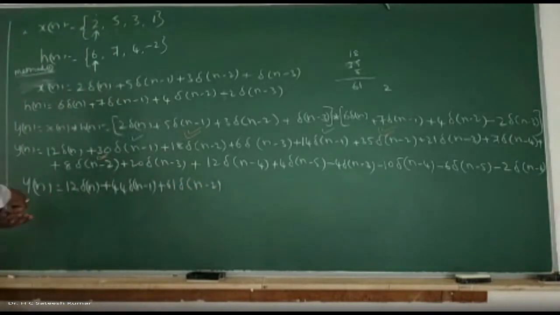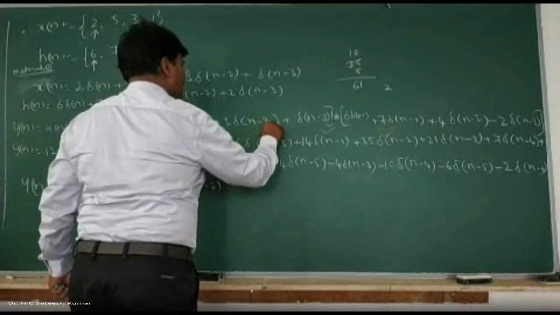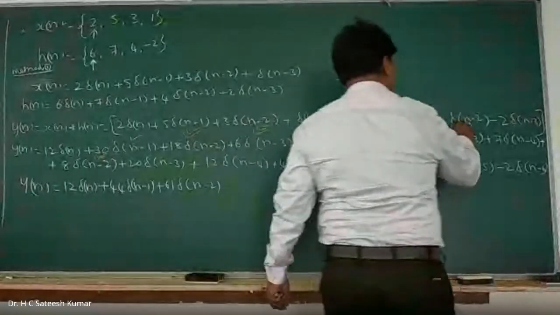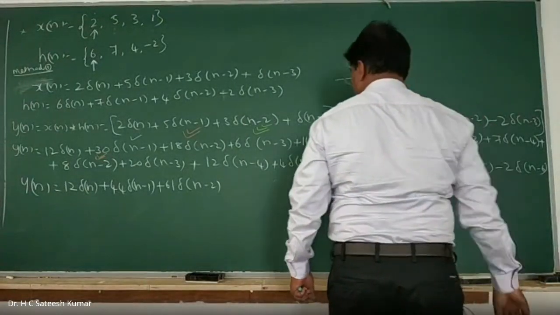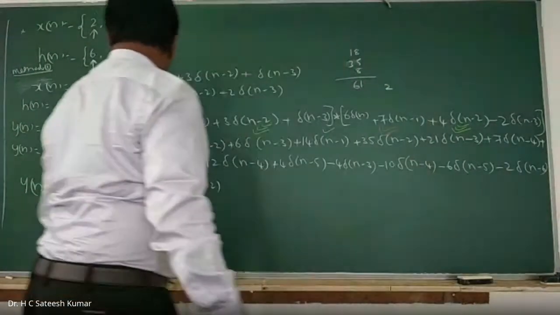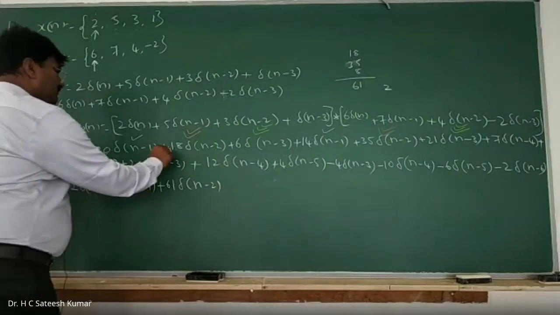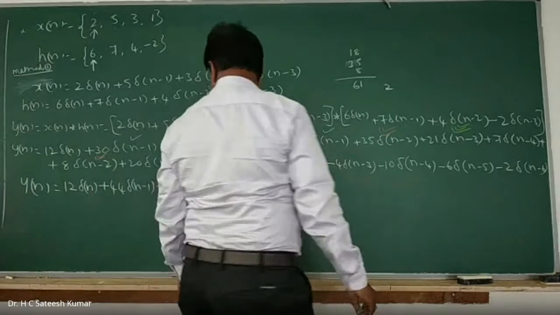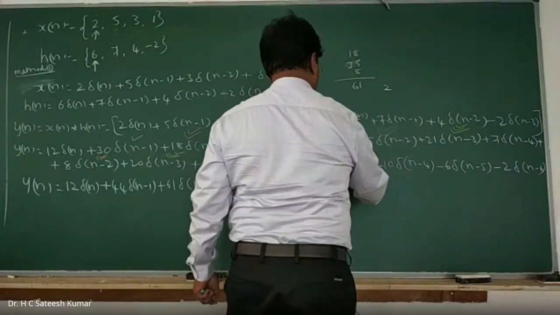Okay. How many delta of n minus 3s are there? 1, 2, 3, and the fourth one.